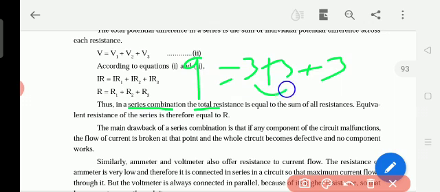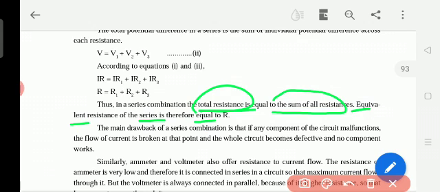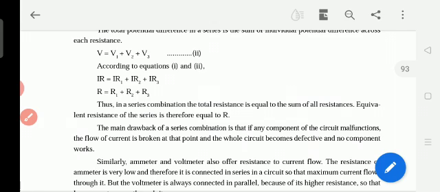The sum of all the resistances is equal to the total resistance. So the equivalent resistance of the series is equal to R.